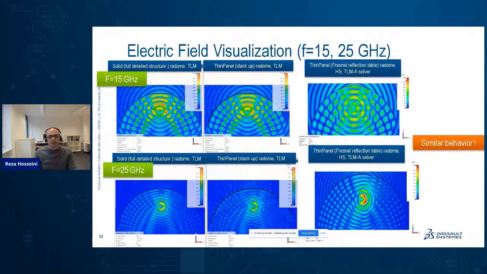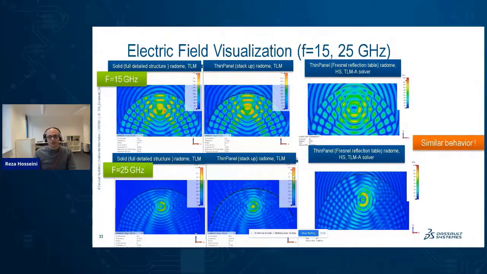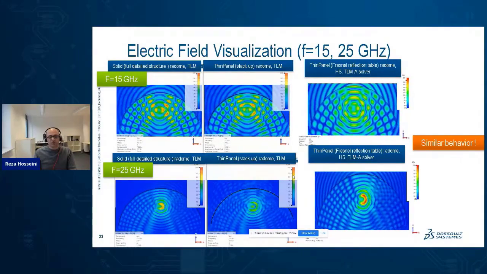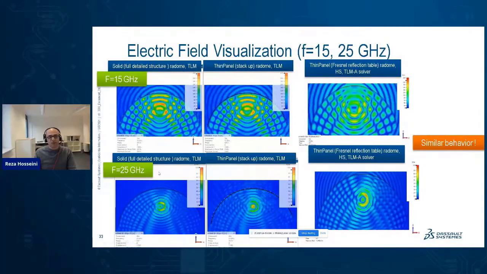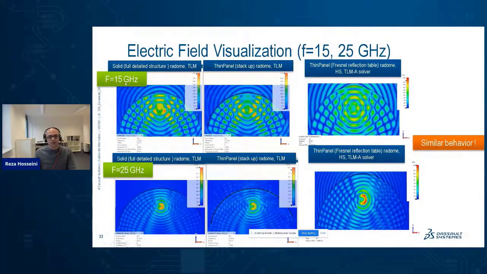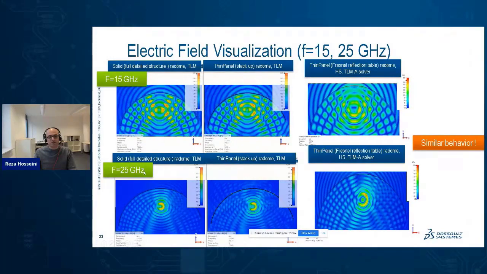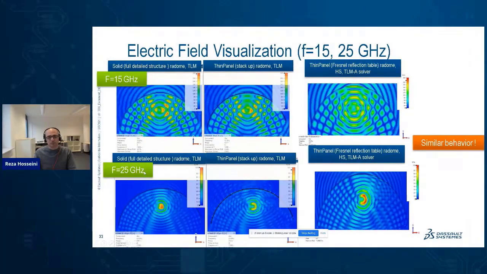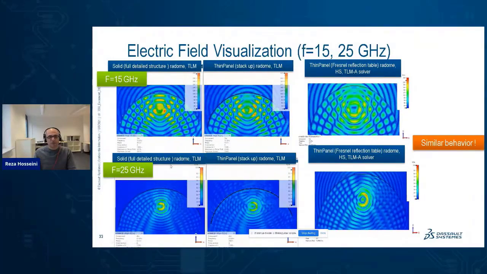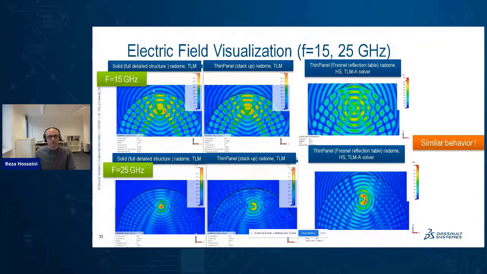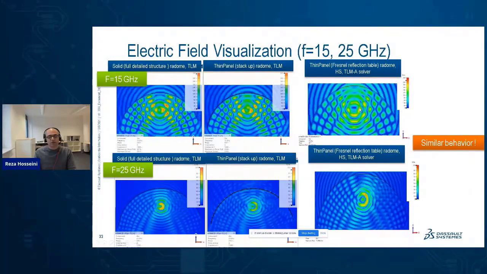So comparing the electric field for the curved radome with the antenna as an excitation, here are two frequencies that are out of the transparency band of the FSS, and we can see there are three different comparisons.